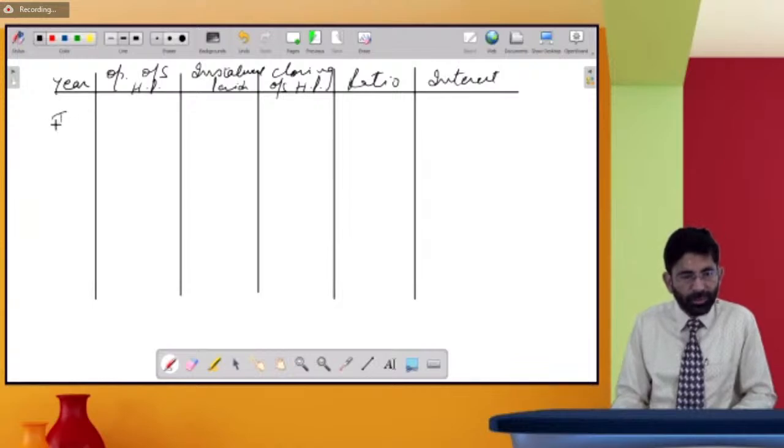It will be first year, second year, third year, and fourth year. Opening outstanding balance is clear to us. It is 8 lakh rupees.